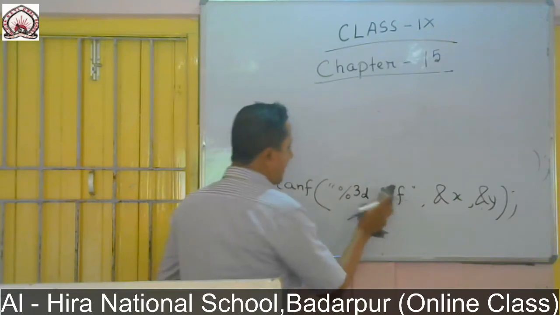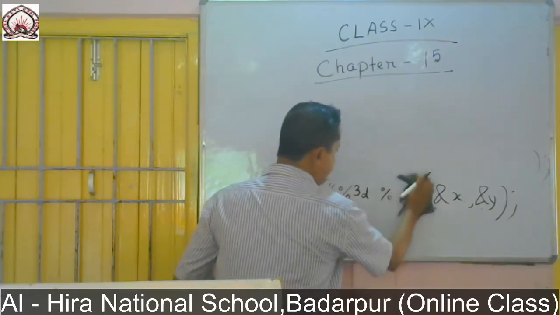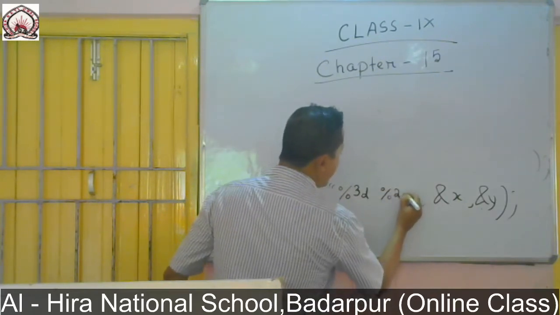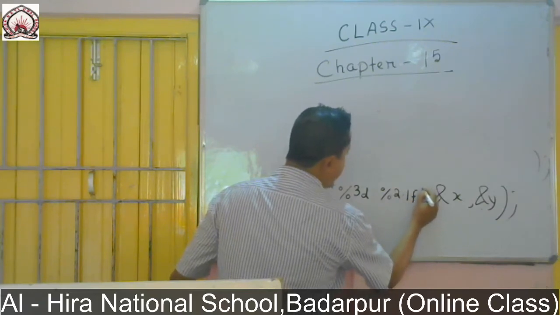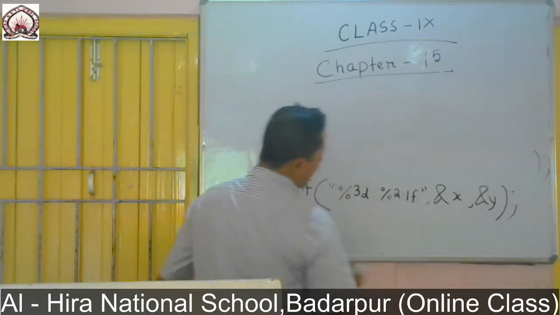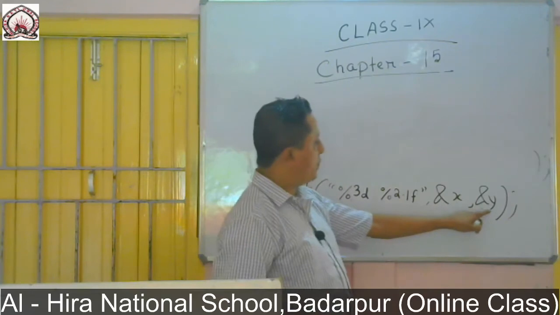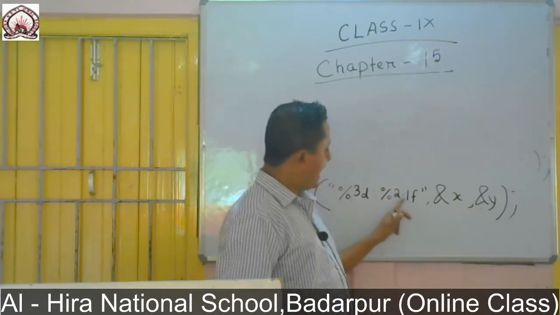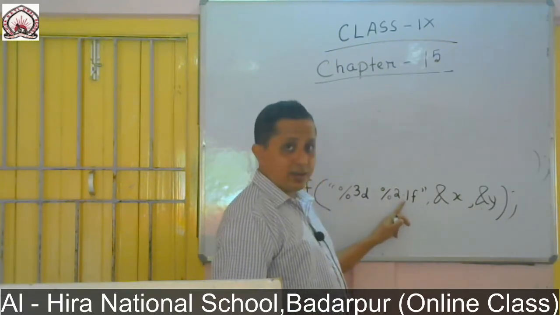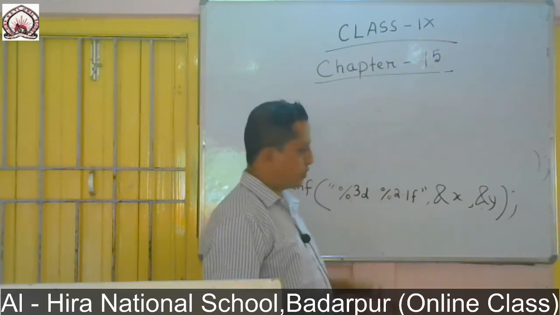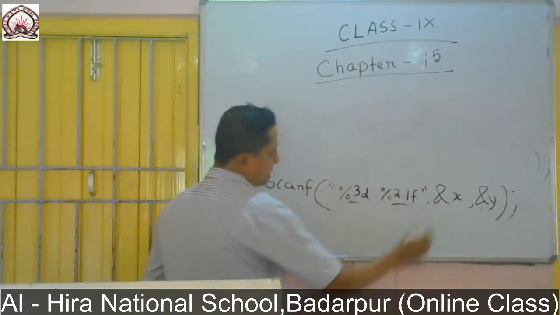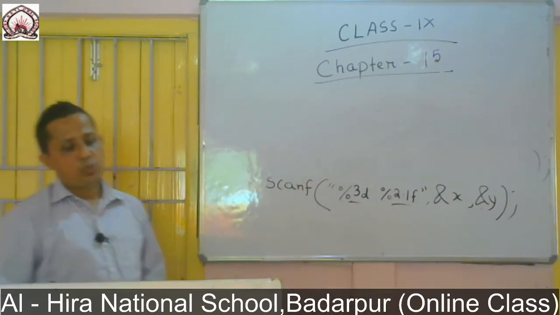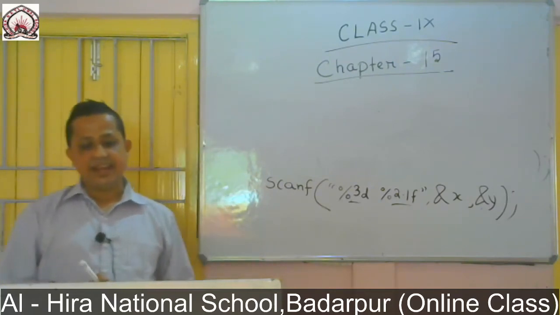Suppose I have given %2.1f. It means this value y will be a 2-digit number and there will be 1 decimal place. So this is how we can specify the width of scanf.